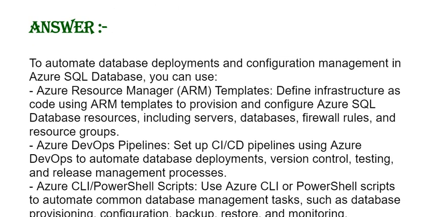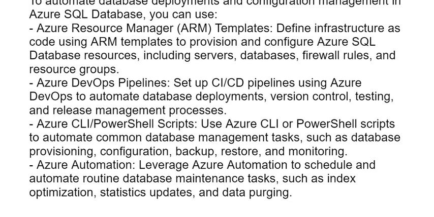The second one is Azure DevOps pipelines. Set up CI/CD pipelines using Azure DevOps to automate database deployment, version control, testing, and release management processes. The third one is Azure CLI PowerShell scripts.